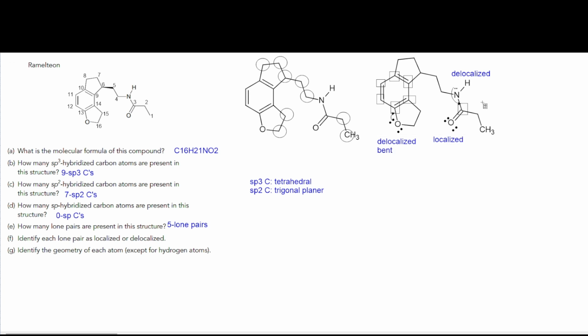This oxygen is linear, the rest of the sp3 atoms are tetrahedral, and the sp2 atoms are trigonal planar, and then the nitrogen particularly.